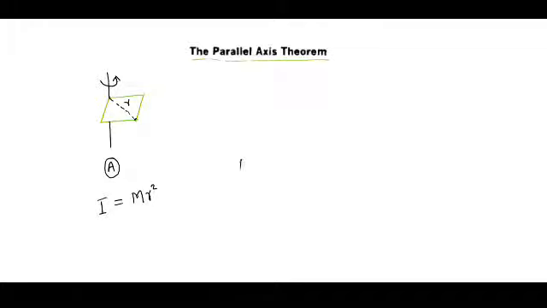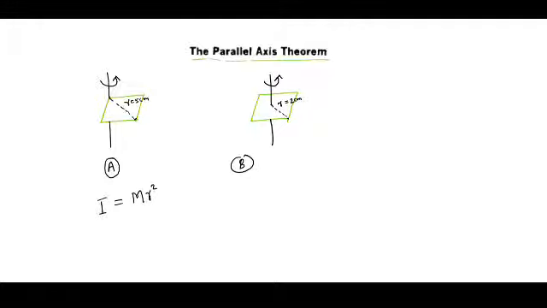And another case B, the same lamina rotating about an axis that passes through the center. Now the distance from the axis to that particular point, let me call this r. This is 2 centimeter roughly, and this is 5 centimeter.